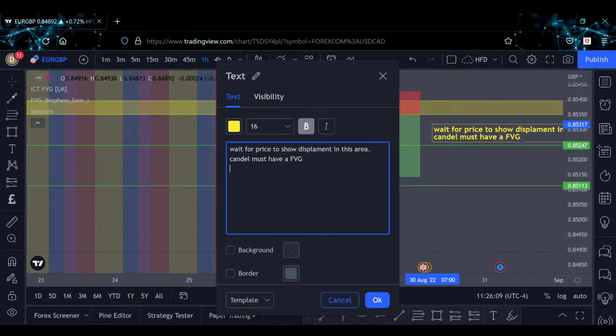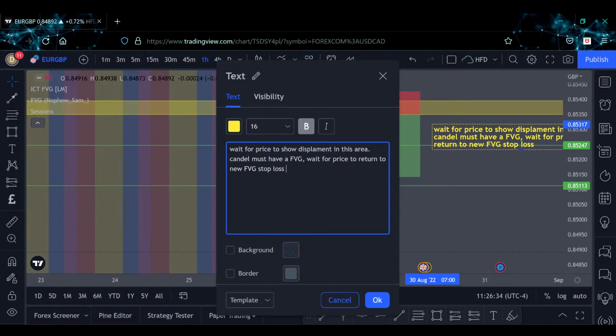FVG, sorry, mic was muted there. Candle must have an FVG. Wait for price to return to the new FVG.